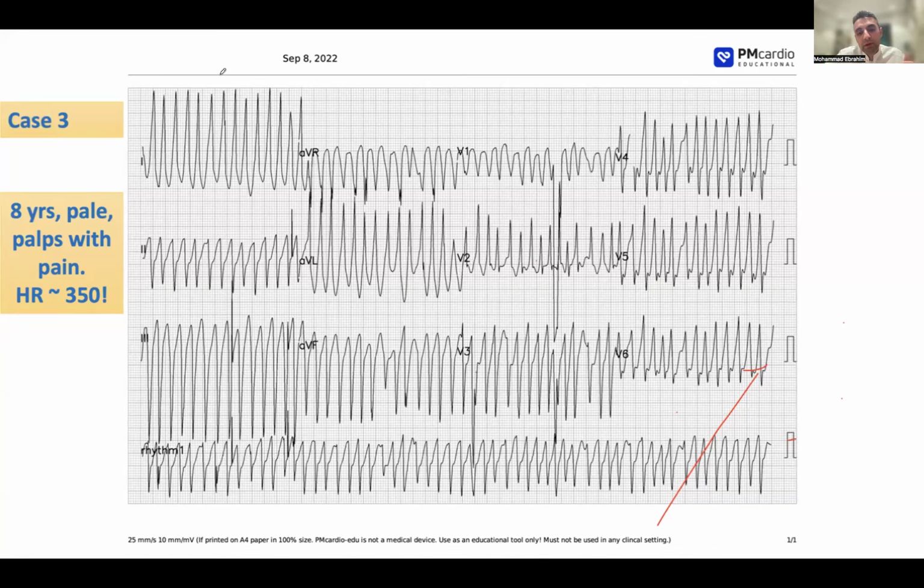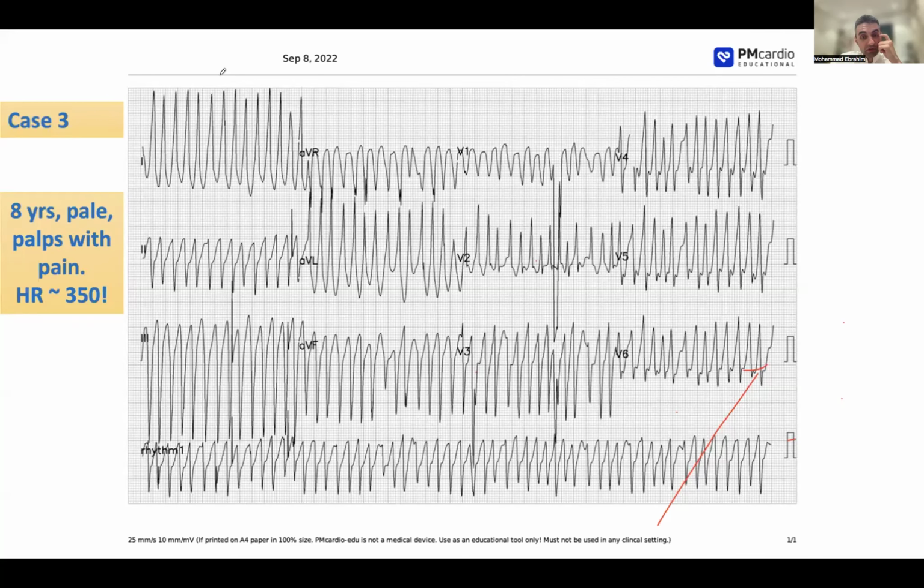Of course, if you have an experienced electrophysiologist, they might give IV procainamide. I don't know whether you have IV procainamide, Dr. Wafa. We don't have it, for example, in Kuwait. But in general, most people would cardiovert such rhythms, and then we'll see the ECG post cardioversion.